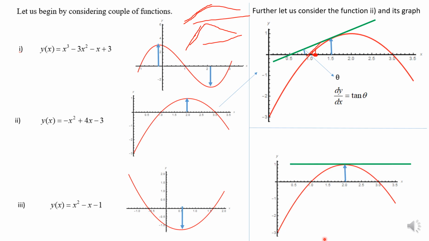Now how much angle will this make with the x-axis? Can you guess? It is 0. So how much is tan of 0? Tan of 0 is 0. Then how much is the differentiation over here? dy/dx equals tan of 0, which is equal to 0.